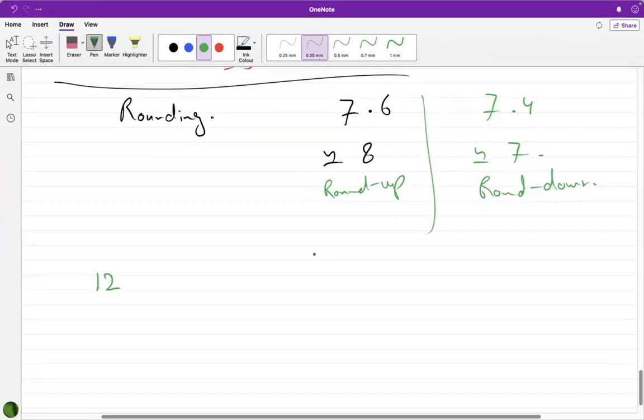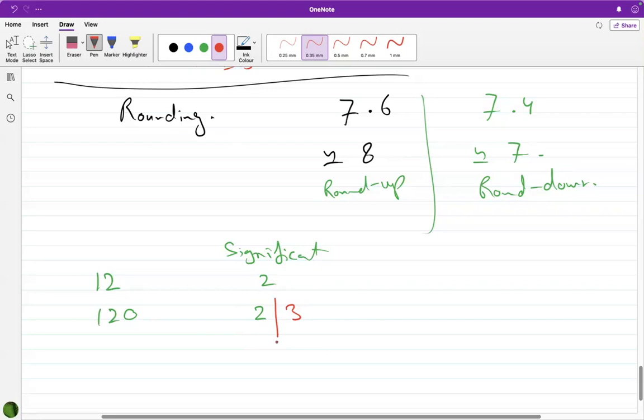12. How many significant figures? 2. That is 2. 120. 2. If you say 2, that is correct. If you say 3, that is also correct.